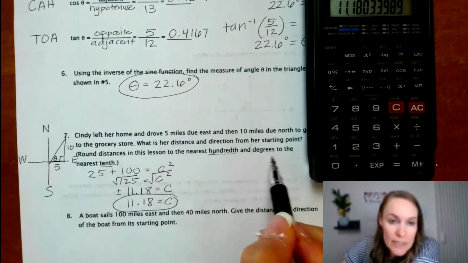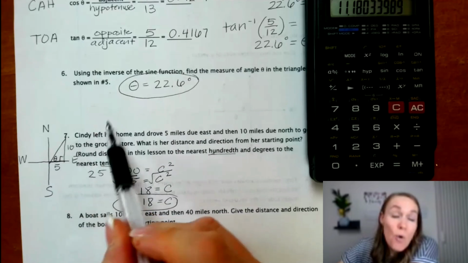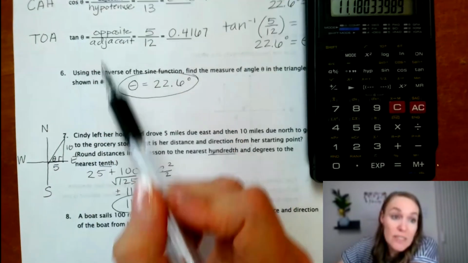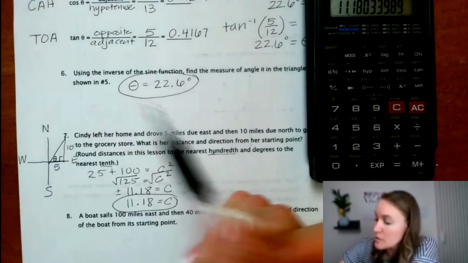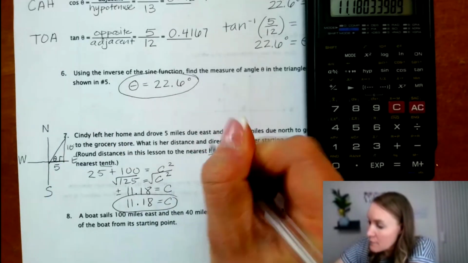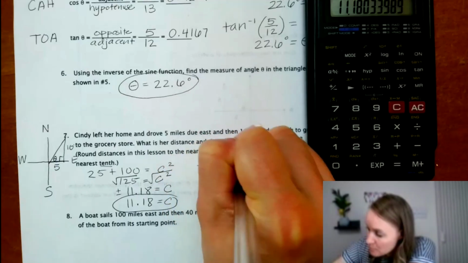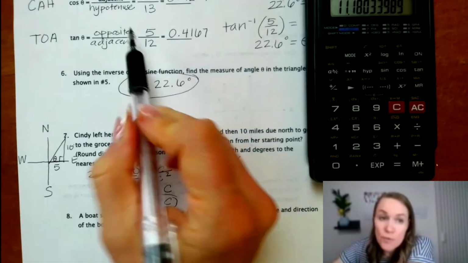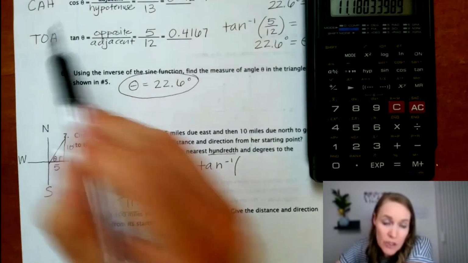Okay, and then degrees to the nearest tenth. Okay, so we now need to use one of these trigonometric functions to figure out theta. And I'm actually going to use tangent. So I have the inverse tangent of, and I need to do opposite over adjacent. TOA, opposite over adjacent.